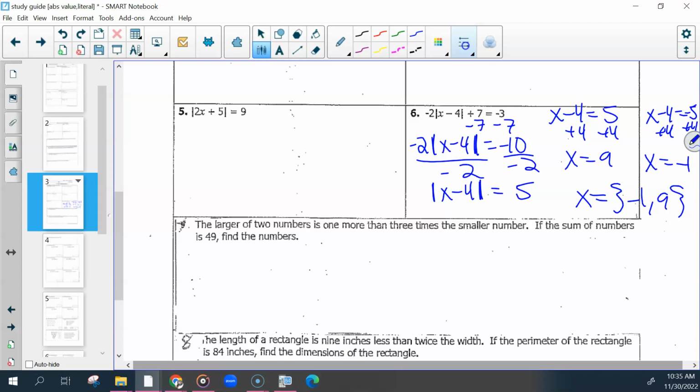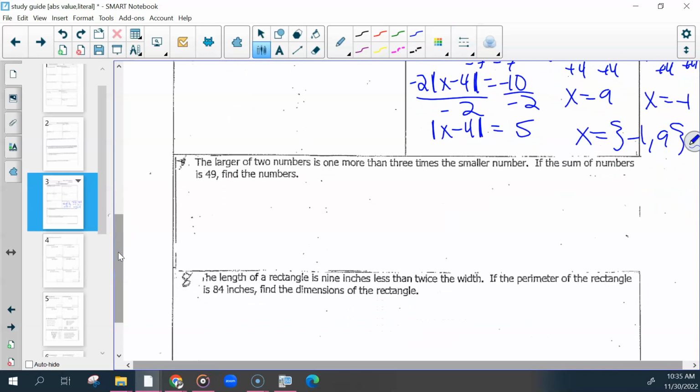Other review questions? So the larger of two numbers is one more than 3 times the smaller number. So since it's talking about larger and smaller number, you can just call that L, call that S. You don't have to define them.